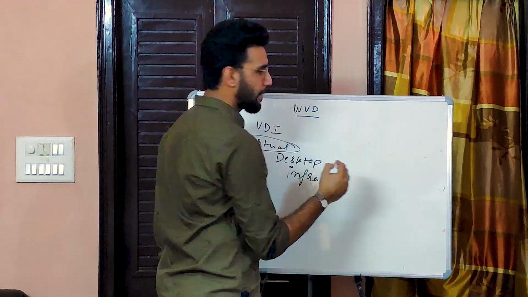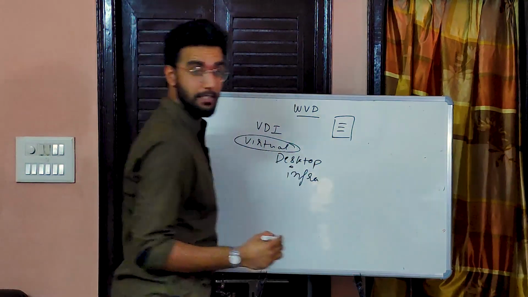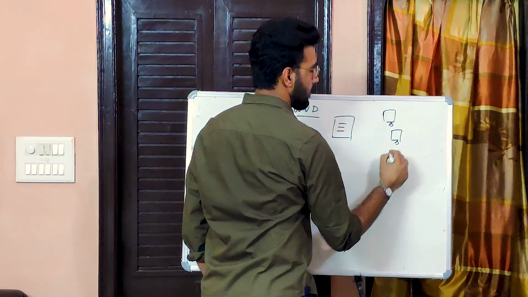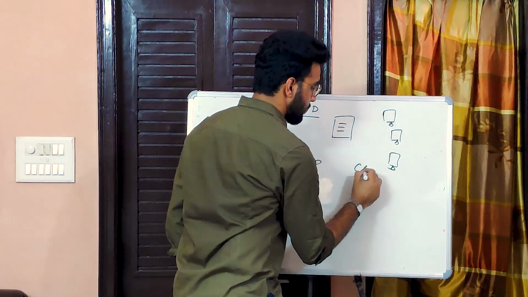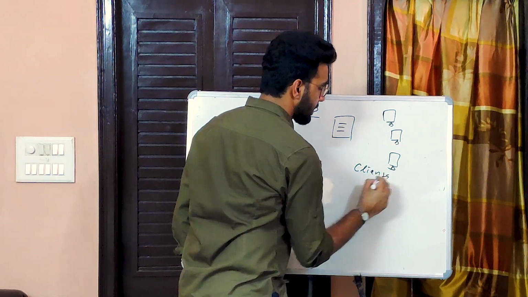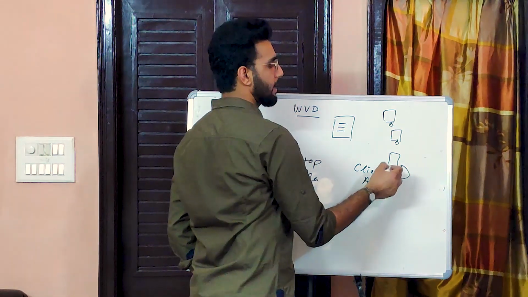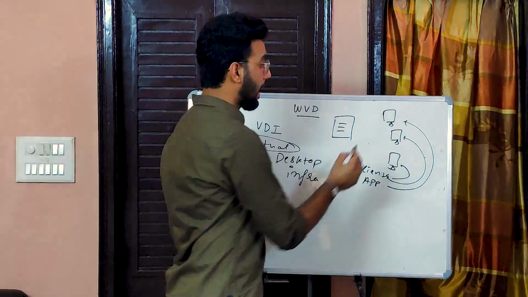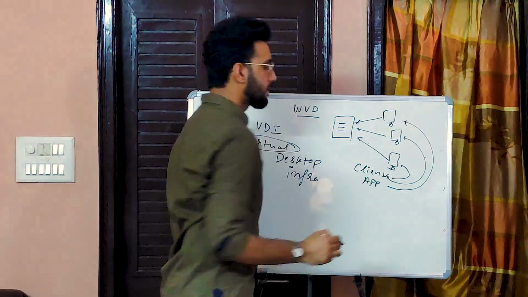So let me make a small diagram here, right? Let's say this is a server and there are multiple clients connected to this server. Each of these clients is using something called a client application. All of them are using client applications and they are accessing the centralized server.